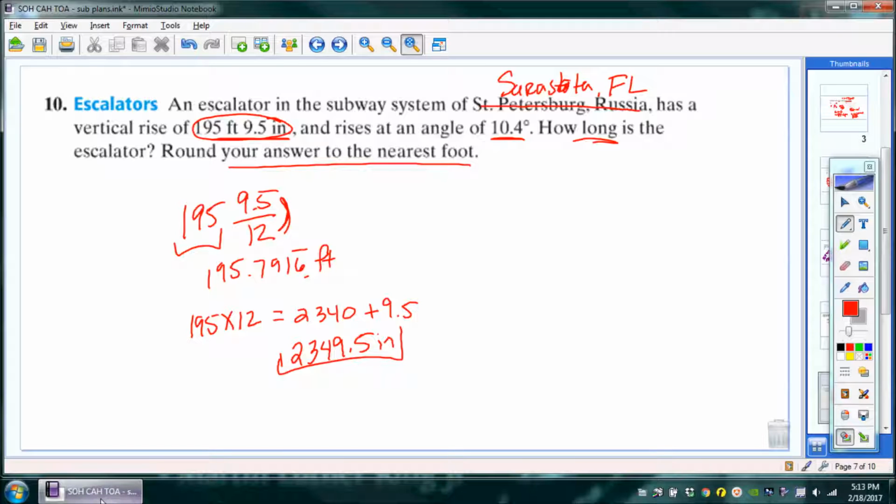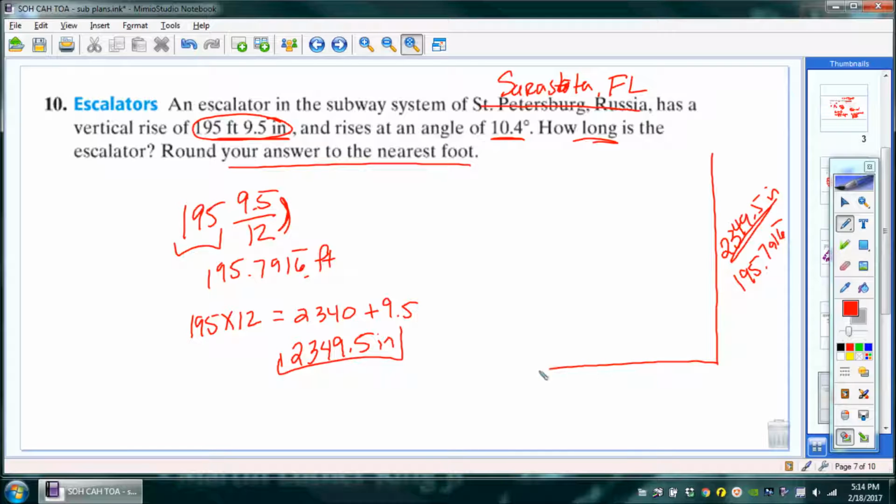So that's how tall the vertical rise is. So vertical, think up and down. So we have this vertical rise of 2,349.5 inches, or like I said, 195 feet and a little bit there. So either way, again, I'm going to use inches. It does say that it rises at an angle of 10.4 degrees.